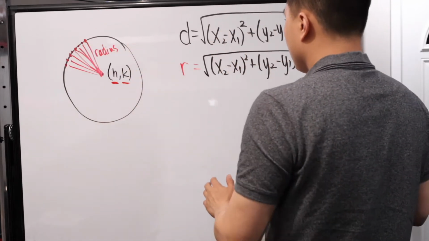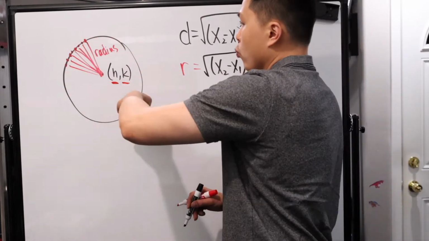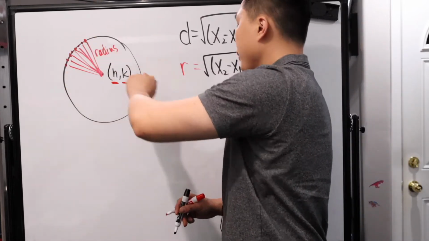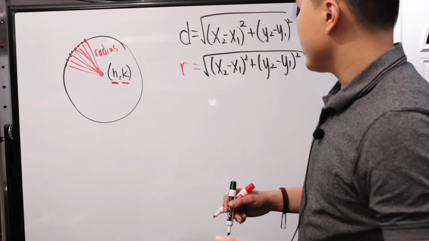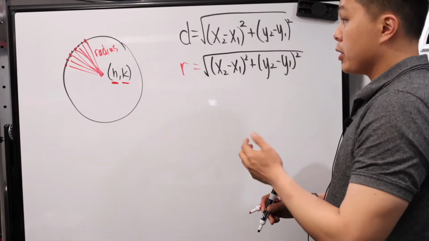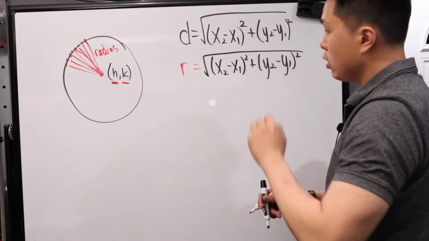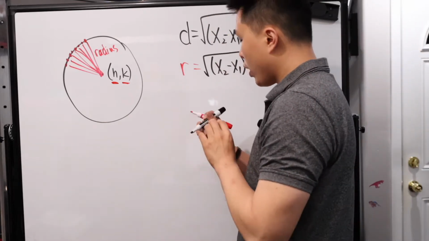So in this case, x2 and y2 will depend on where you pick it. Whatever point you pick is going to have a different x2 and a y2. And since we want to generalize it, rather than just say x2 and y2, because we're going to end up using h and k, and it can get confusing if we leave the 2 there, we're just going to change it to x and y.